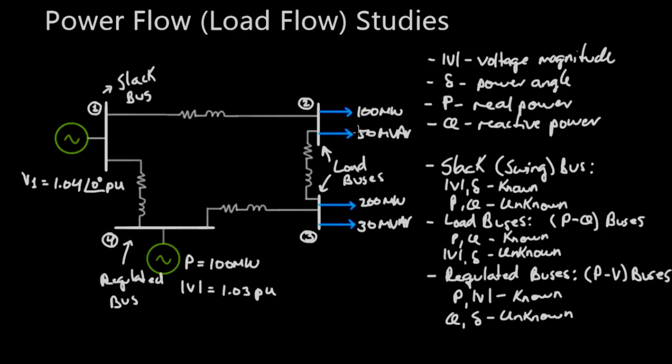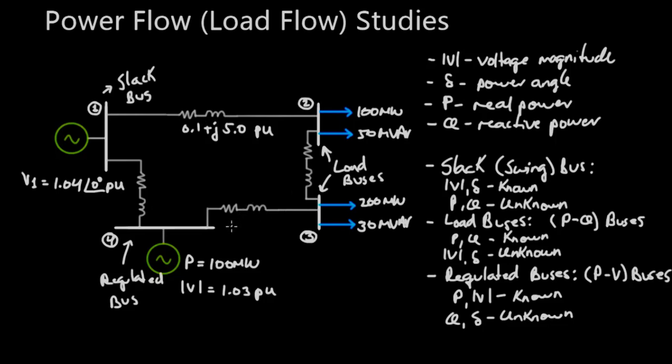We know what the loads are here. We would be given the transmission line impedances. So this, for example, could be something like 0.1 plus j5.0 per unit, or something like that. These are transmission lines that connect the buses. And so we would be given the impedances for all the transmission lines in the system.